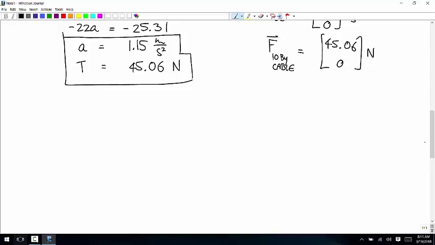Okay, so 29. So this one we have to do all symbolically. Yeah, that's a pain. So it says using these variables, but there's no. Yeah, you're right.